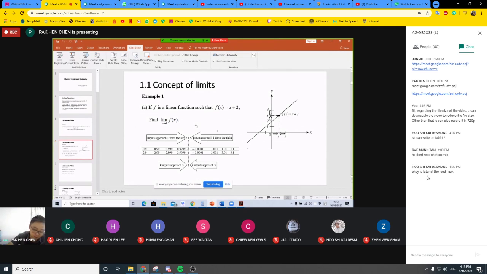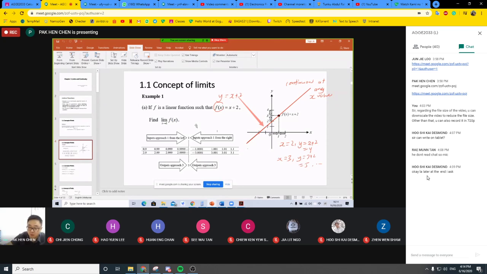If we have f(x), y equals x plus 2, this function is continuous at any x value, which means that when we substitute any x value into it, we can find the corresponding y. When x is 2, y is 4. With x equal to 3, we get 3 plus 2, which is 5, and so on.